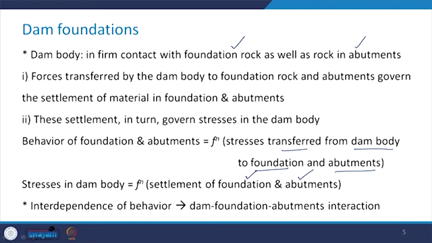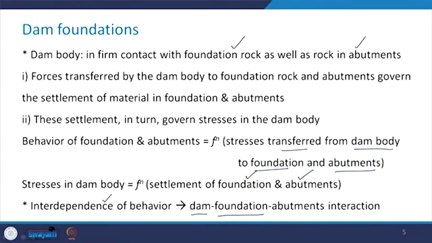So, you can see that there is going to be an interdependence of the behavior. This is what is called dam foundation abutments interaction. That is, the behavior of one aspect is influencing the behavior of another part and vice versa. So, there is an interdependence of behavior, and this is called dam foundation abutments interaction.